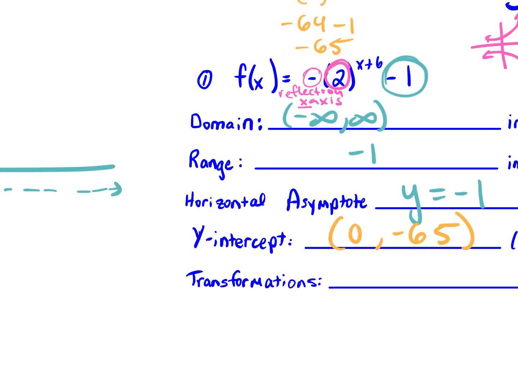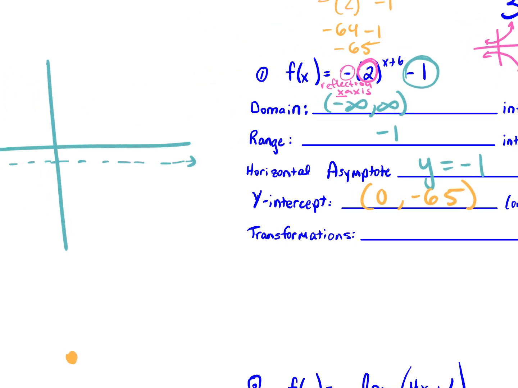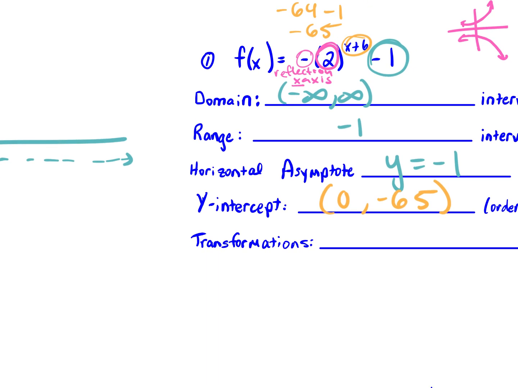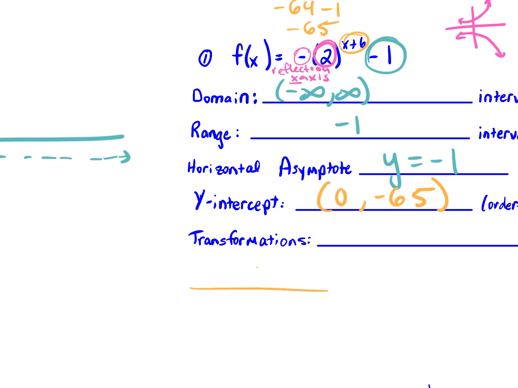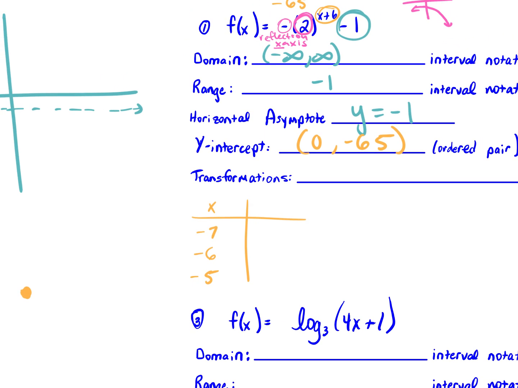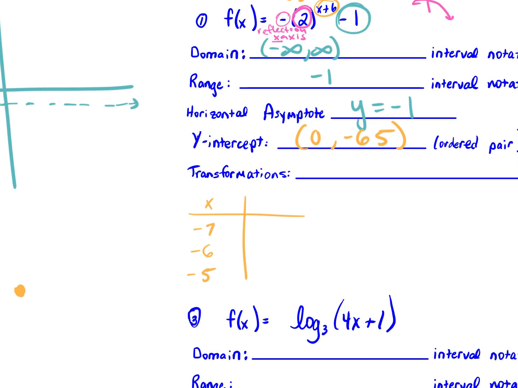To find more points on our graph, we can plug in more numbers. Good numbers to plug in would be something that makes this 0, so like negative 6. So we could plug in negative 6, negative 7, and negative 5. So I'll start with negative 6 first.